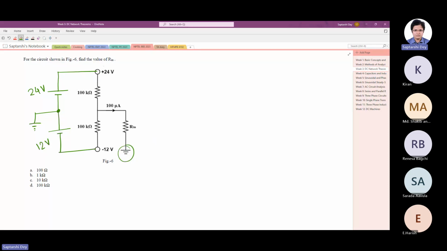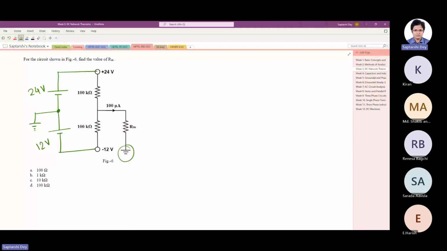Okay, let us see. The value of R in we have to find out. How to do?